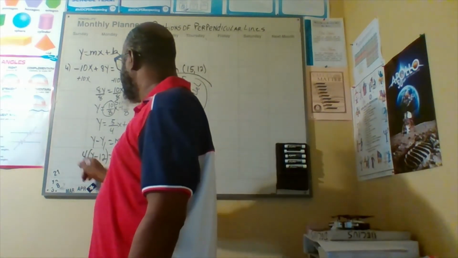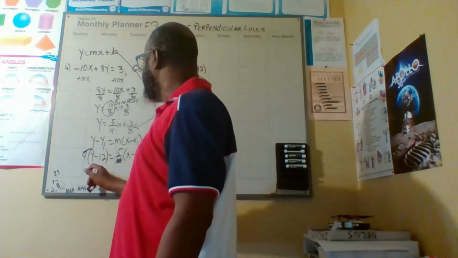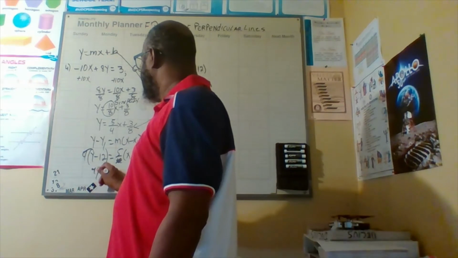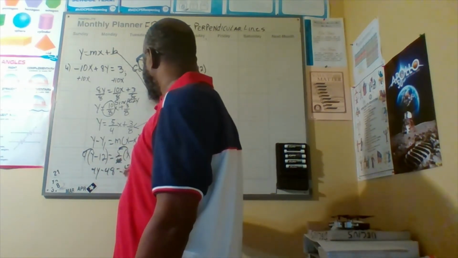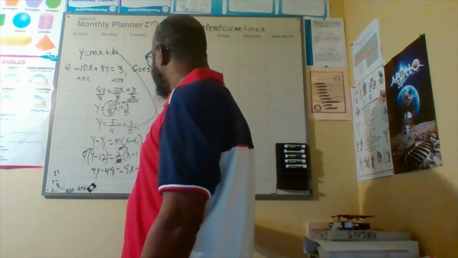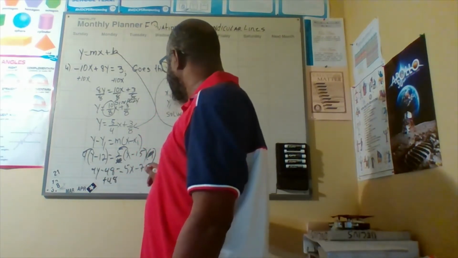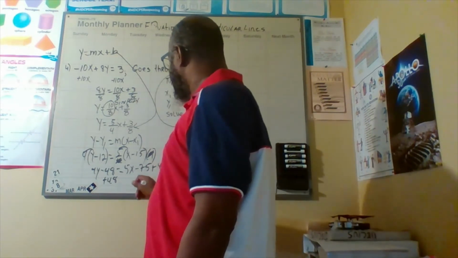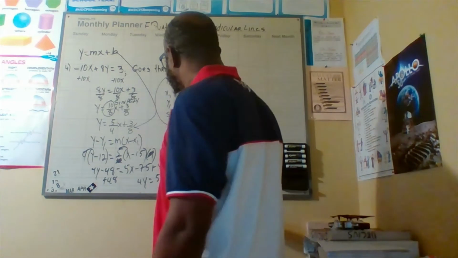Then add 48 on each side. Then you will have 4y equal 5x, and you have 75 minus 48, which is 27, so negative 27.